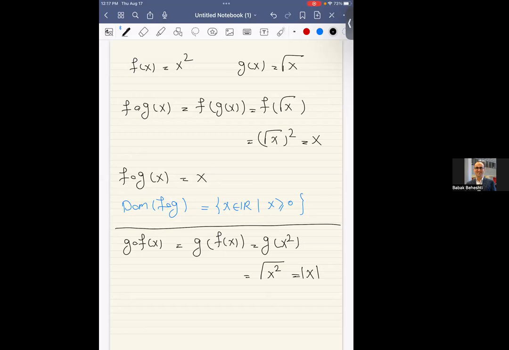Absolute value of x is not positive and negative x. It's x if x is positive, it's minus x if x is negative, right? So always remember, square root of x squared is the absolute value of x.